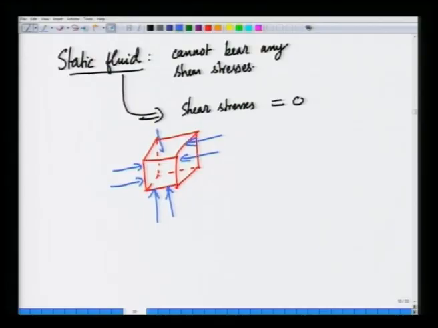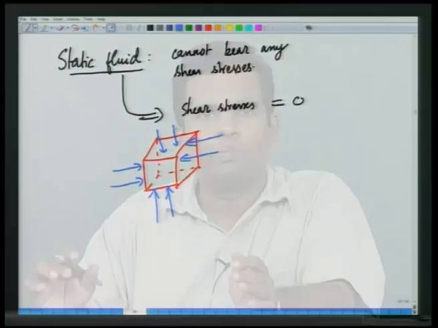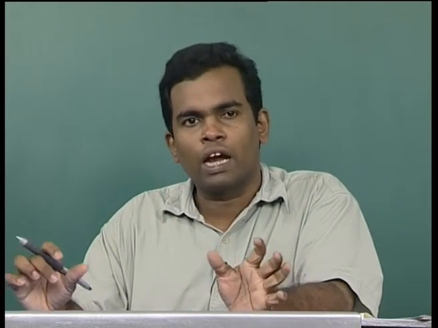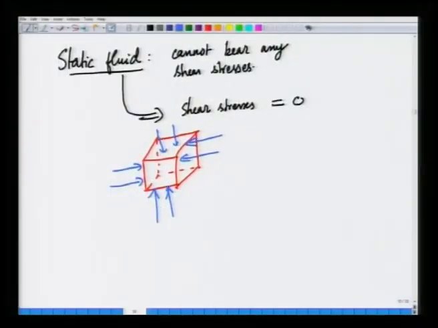If you take a static fluid and you take a volume element that is big, then regardless of the nature of the volume element, the force will act purely normally to the surface of the volume element. There cannot be any force that is tangential to the volume element. So, the shear stresses are 0 in a static fluid.